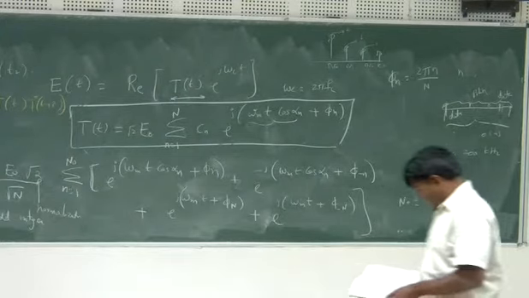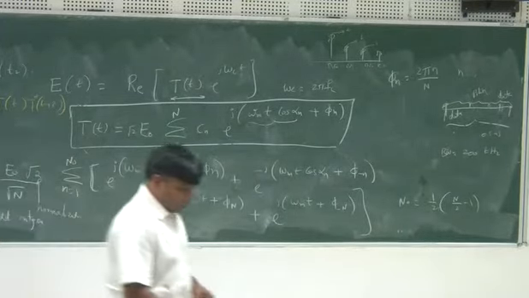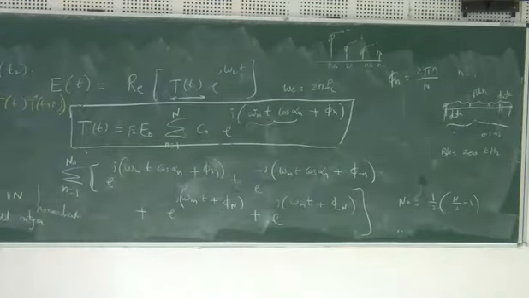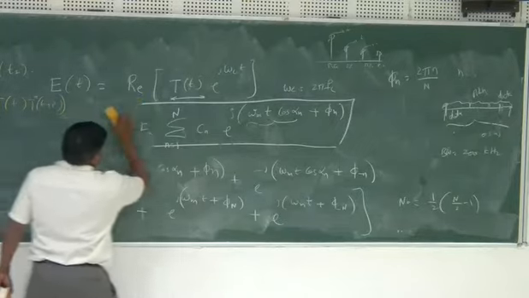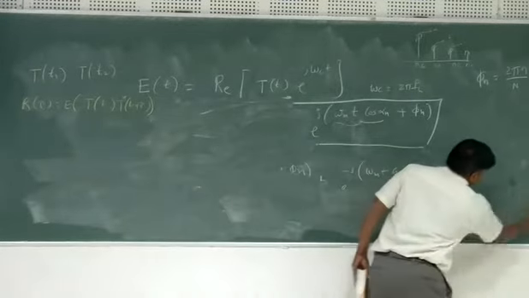Okay, so we'll just close this with the derivation for R of tau. We're not going to spend a whole lot of time on that, just to have insight of what it is.